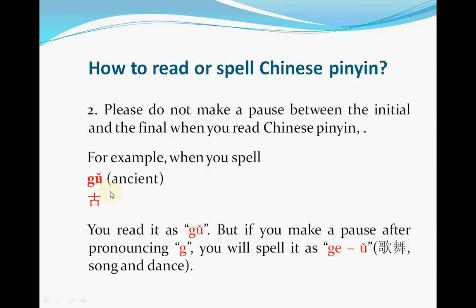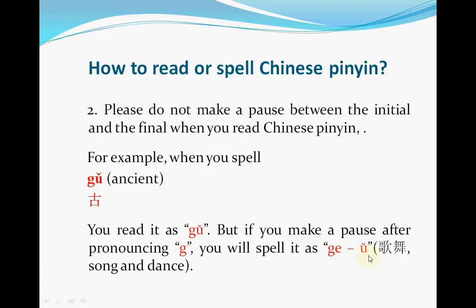The second thing you need to know about how to read and spell Chinese Pinyin is, please don't make any pause between the initial and the final. For example, when you read gewu, you read it as gewu. But if you make a pause after you pronounce ge, you will spell it as ge, wu.